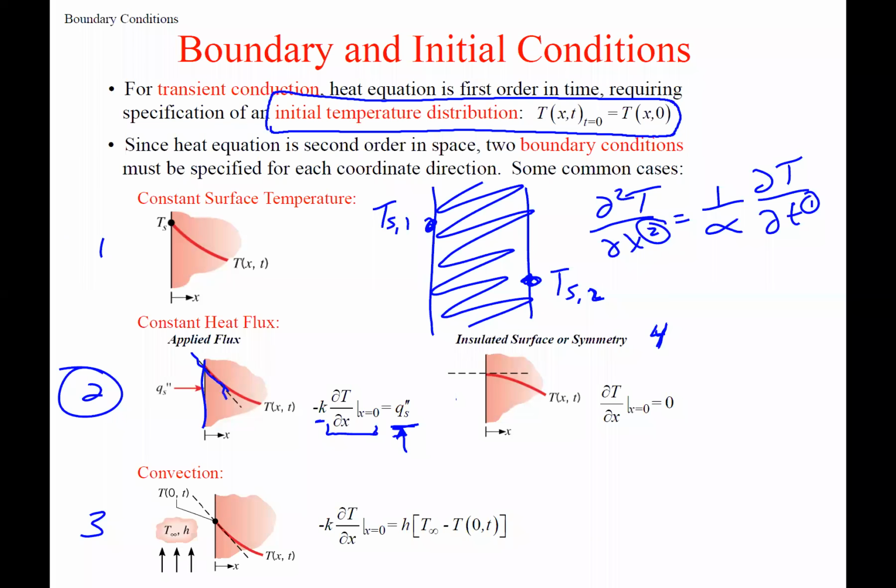This slope right there, at that point, is always the same slope. So it's always the same angle no matter what time you're at, whether it's 1 second, 10 seconds, 100 seconds, you always have that same slope there. Not the same temperature, but the same slope, right?